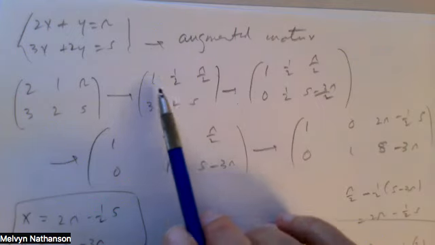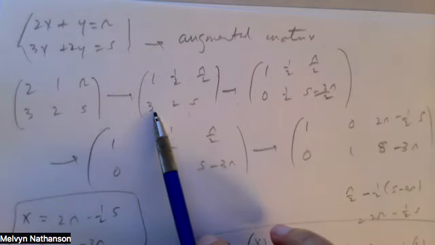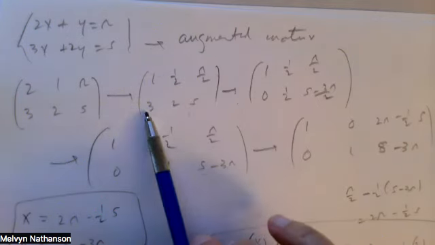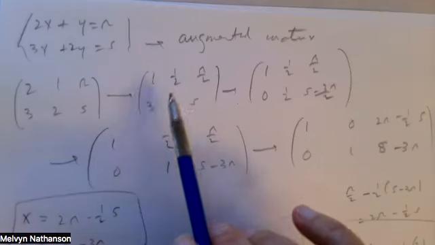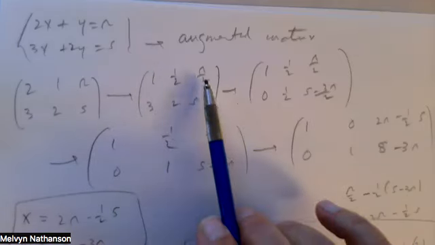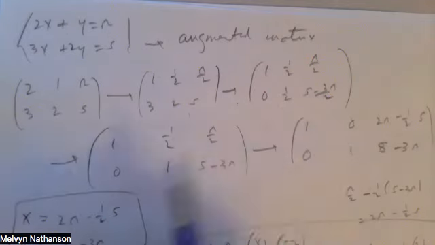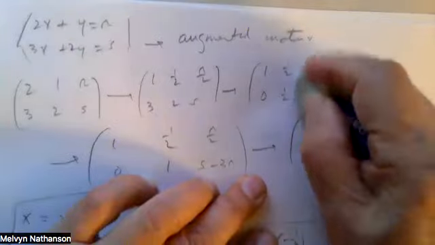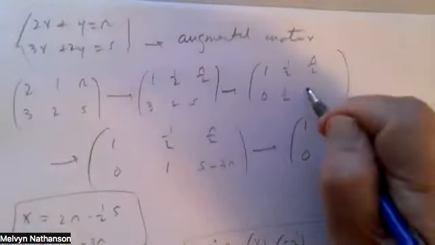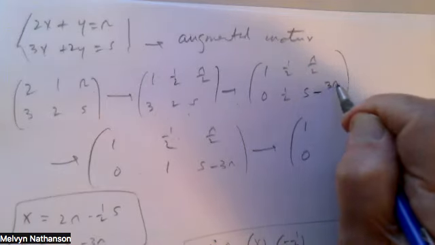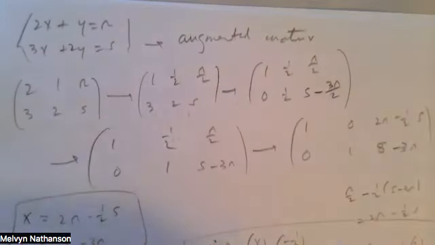I take minus 3 times the first row plus the second. Minus 3 plus 3 is 0. Minus 3 halves plus 2 is plus a half. Minus 3r over 2. Oops, maybe my error was just sloppy writing. This is s minus 3r over 2.